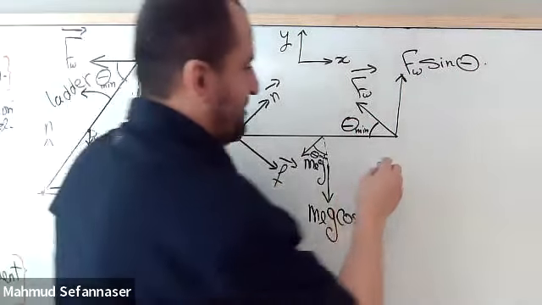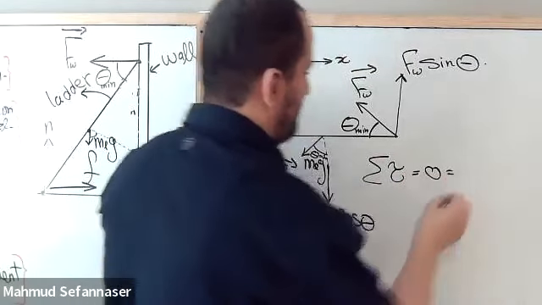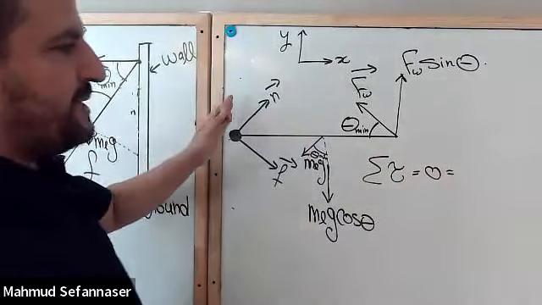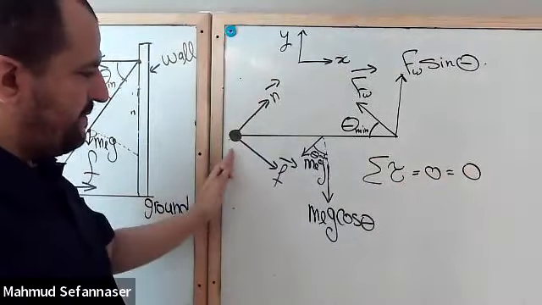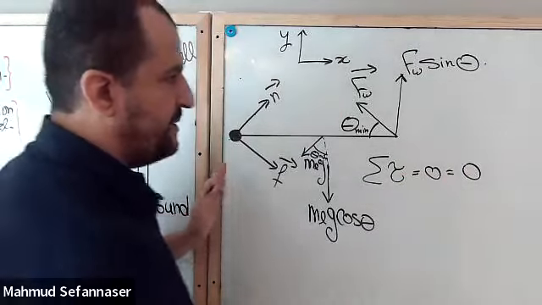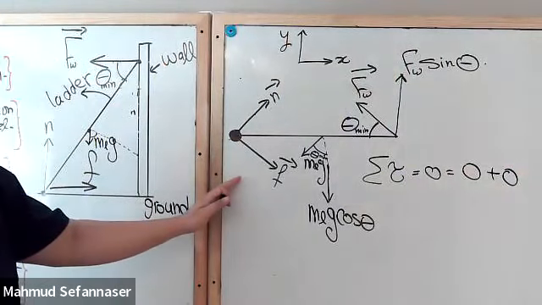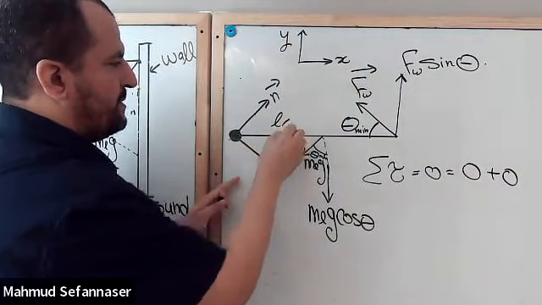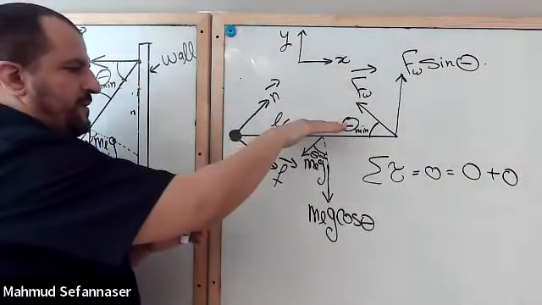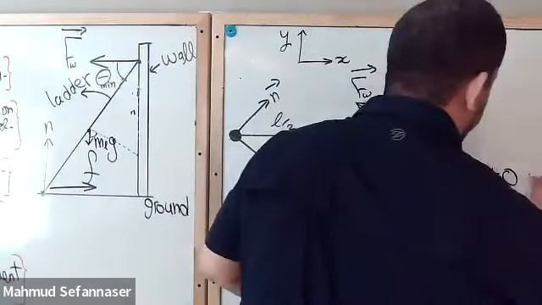And if we try to do summation over torque equal to 0, you'll see that you have 0 from the normal force, you have 0 from the friction force, and you have, guys, here L over 2, so L over 2 mg cosine theta, so here we'll have negative.